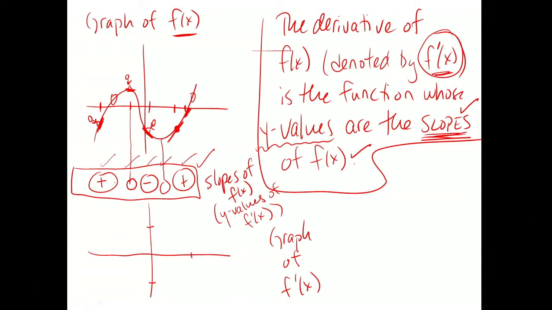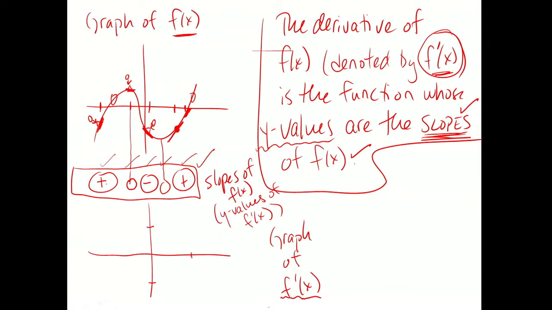It's an analysis or summary of the slope of f of x, but it's also a chart of the y values of the derivative. So if I'm trying to graph the derivative, which I am, then this little chart here is just a chart of what the y values should be, roughly.